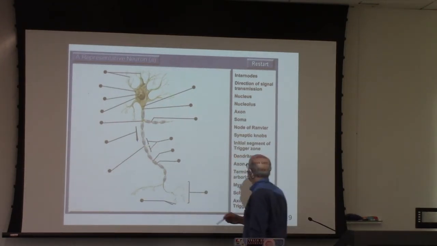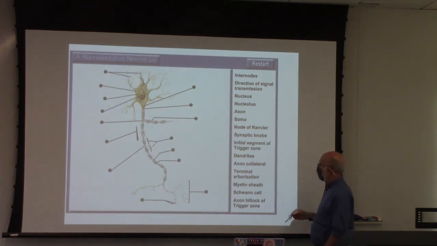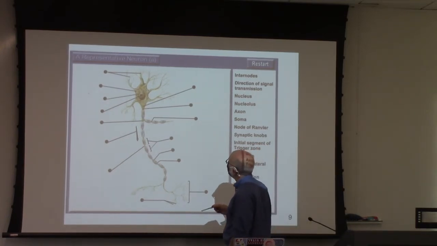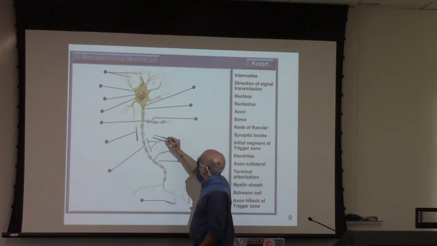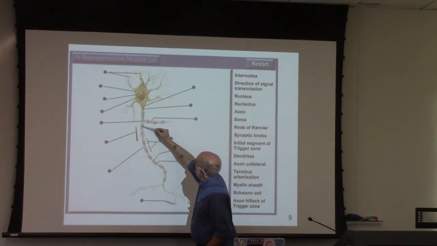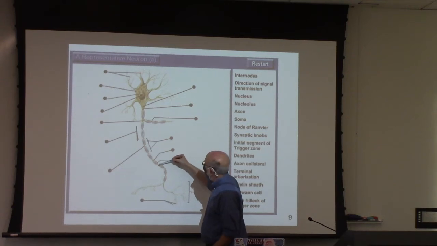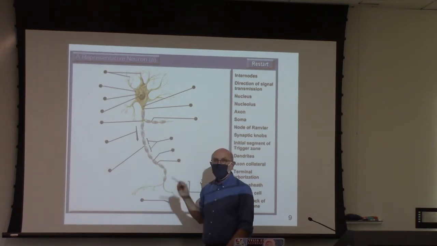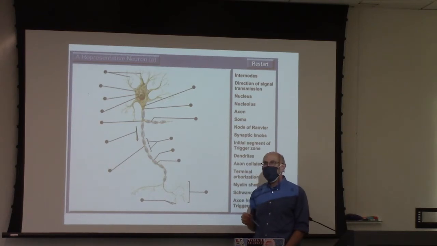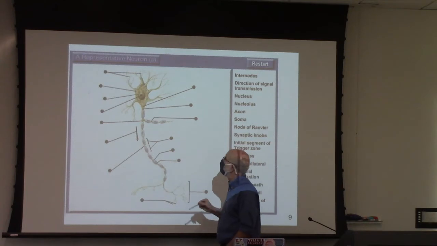This arrow, what is that? That's the direction of signal transmission, right? So what are these sort of cloudy things going along this axon? Those are the Schwann cells that myelinate axons and provide insulation. We'll talk about that in a few minutes.